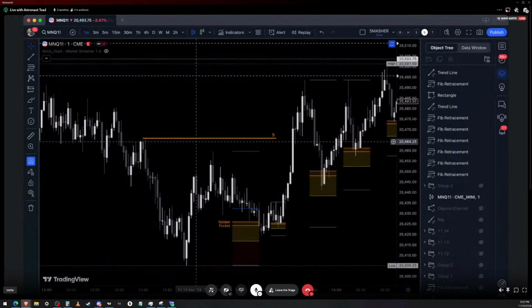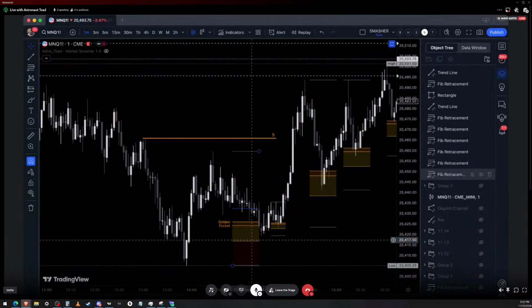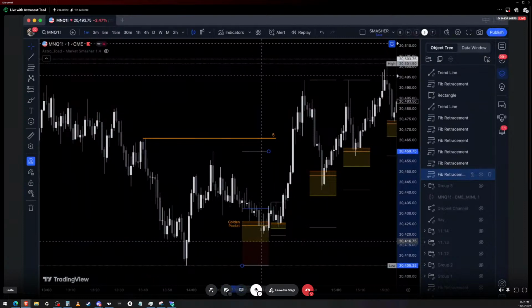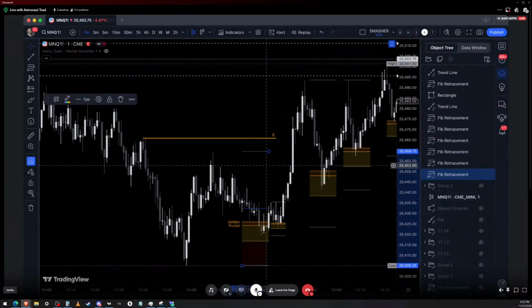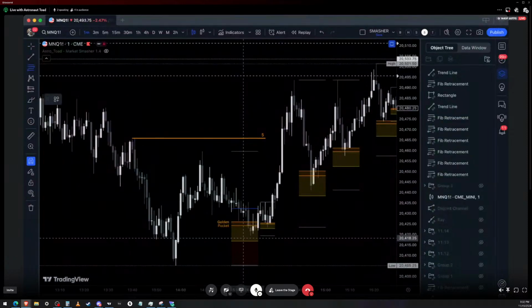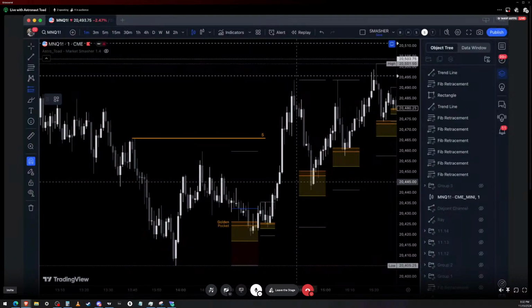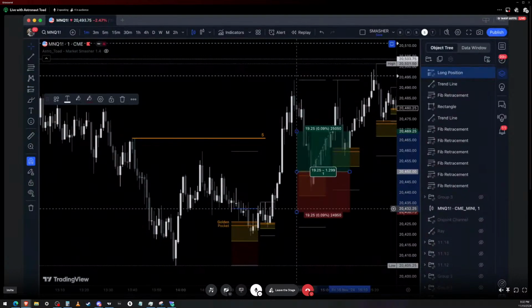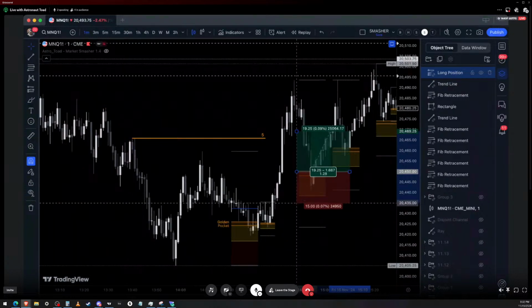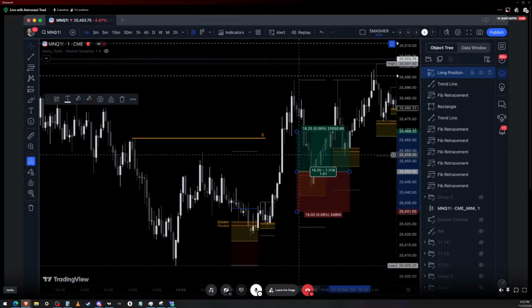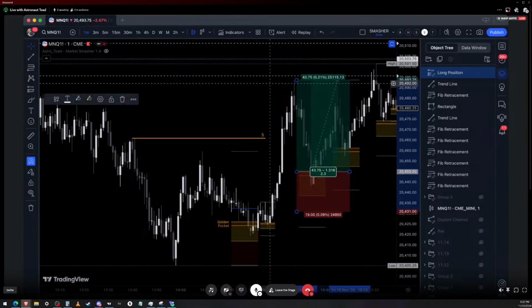There it is. And then I noticed that price was respecting these golden pockets on all these different levels. So by the time price got here, I was just longing it, with my stop loss somewhere around here below this level or in the middle. And I just longed it to the top of there.